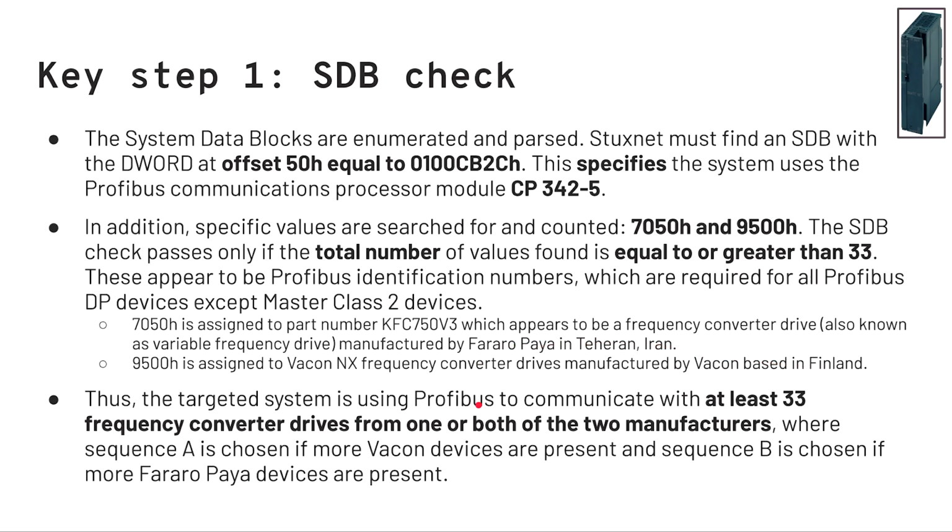So to conclude the check, Stuxnet was looking at whether the PLC would communicate to at least 33 converter drives at one of the two manufacturers, and if more manufacturer A was present, then sequence A would be chosen. If manufacturer B was present, then sequence B would be chosen.